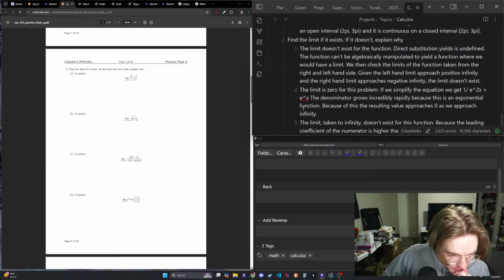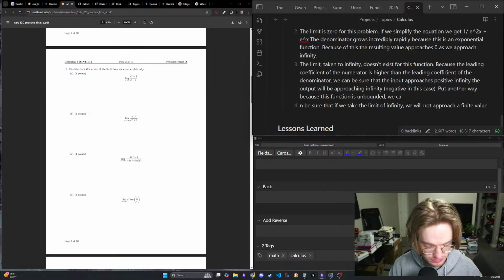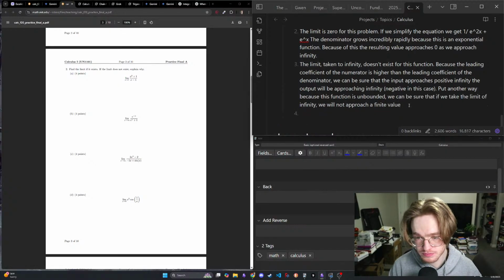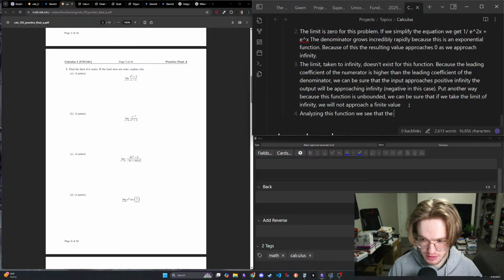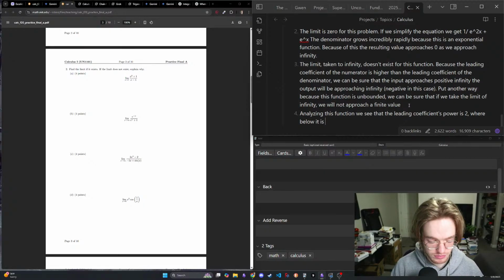Okay. So analyzing this function, we see that the leading coefficient's power is 2, where below it is, I guess, 1.